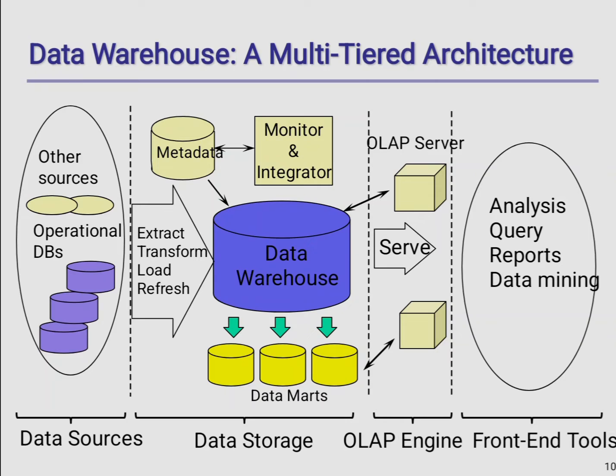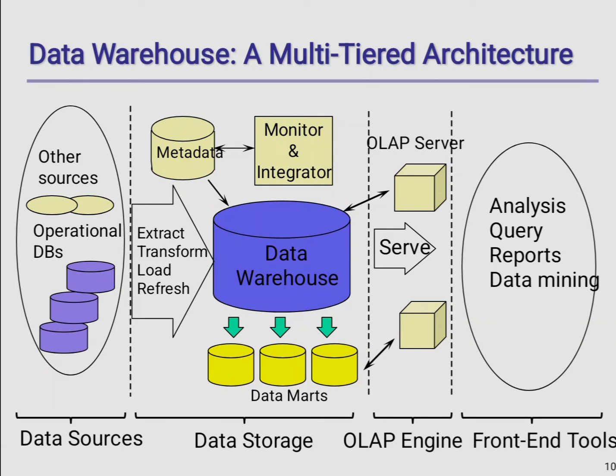Before the data is fed into the data warehouse, it has to be extracted from the sources, transformed, loaded, and refreshed. Once the data is fed into the data warehouse, you will have its metadata. You will monitor and integrate similar types of data. When you have a data warehouse where you cannot make out what information is stored, the data warehouse will have data marts.